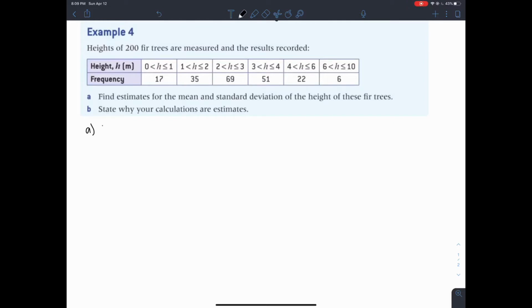So from 0 to 1, adding them together, dividing by 2, from 1 to 2, and so on.